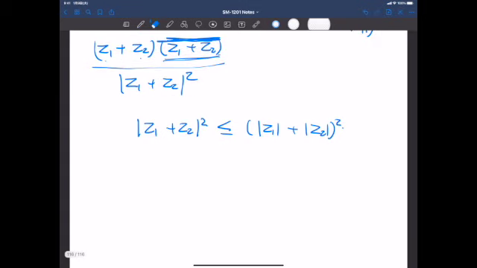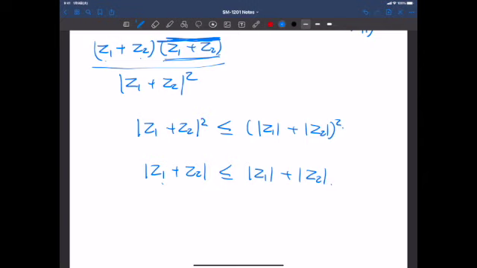So if we take the square root of both sides, we have the modulus of z1 plus z2 less than or equal to the modulus of z1 plus the modulus of z2. Now, of course, these moduli are all positive, so we just take the positive root of this. So here's the result, and the proof is done.